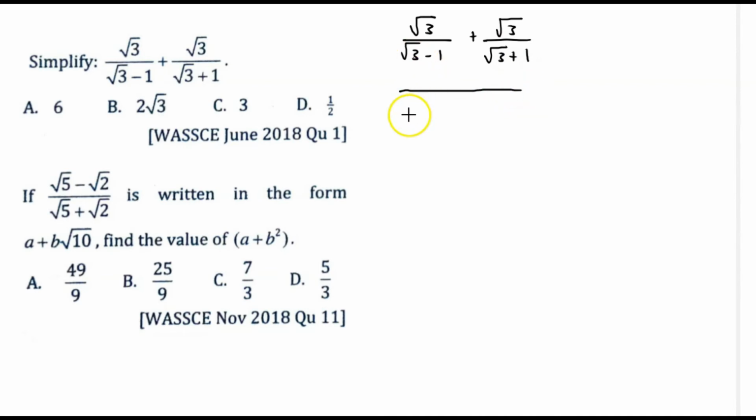Finding the LCM, we have one factor as root 3 minus 1, multiplying the other factor, which is also root 3 plus 1.